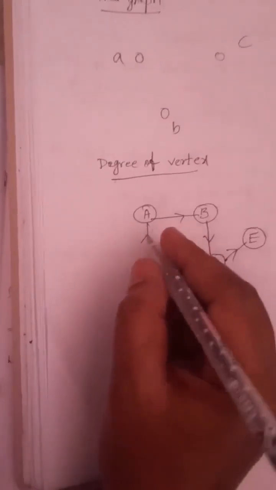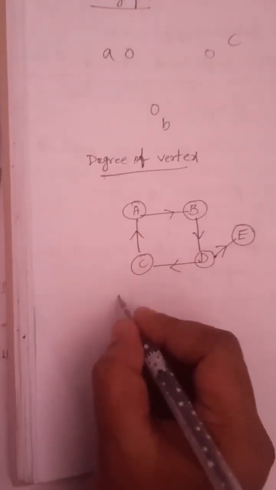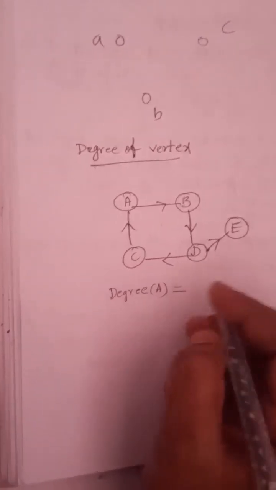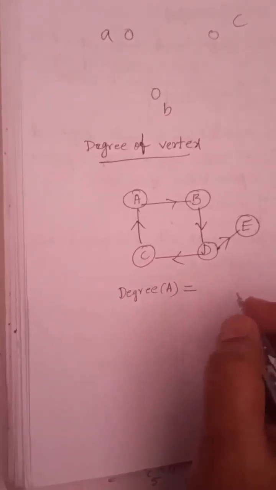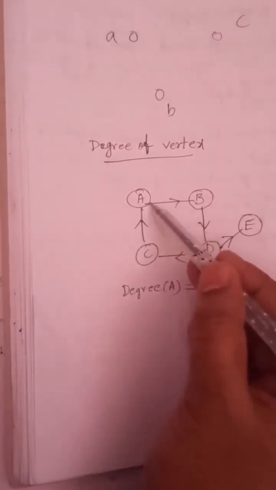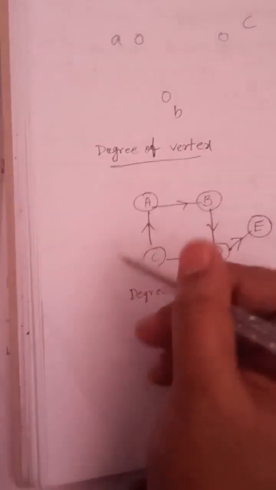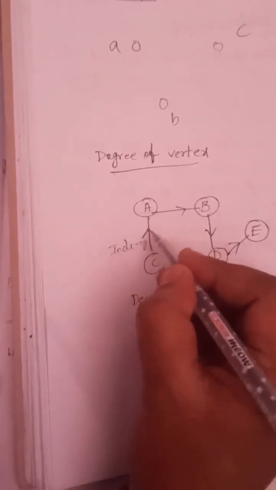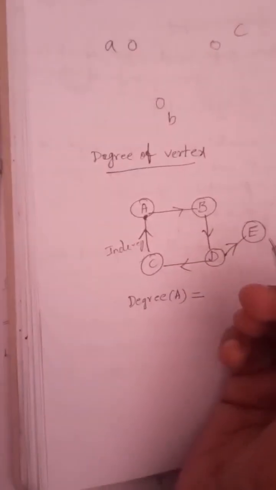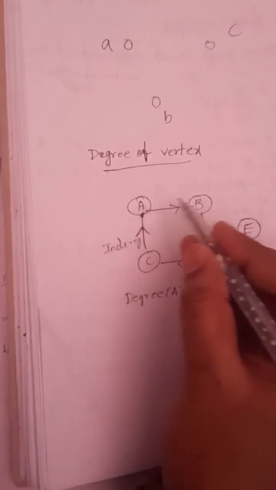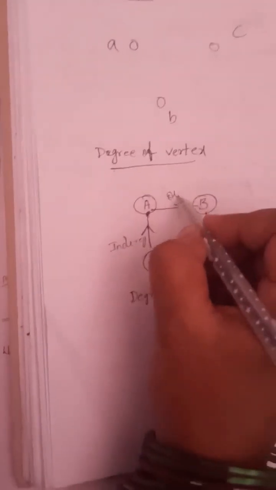What about the degree of vertex A? If we want to find the degree of A, here one is the in degree. In degree means A is the terminal node. And A is the initial node and B is the terminal node. This is the out degree.